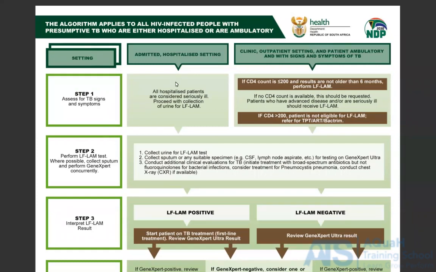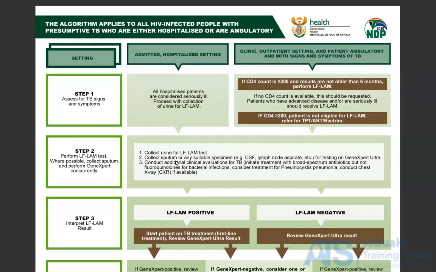So once you have classified your patient as admitted or ambulatory, and having made the decision, you would then do the LAM test in urine. So you'll collect the urine and do the LAM test. You would then collect the sputum. Doing a LAM test does not exclude the need to do a sputum test.